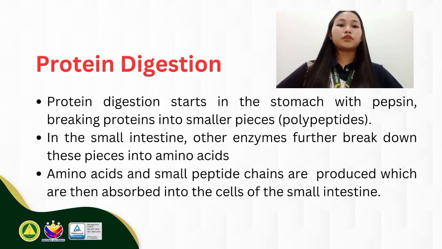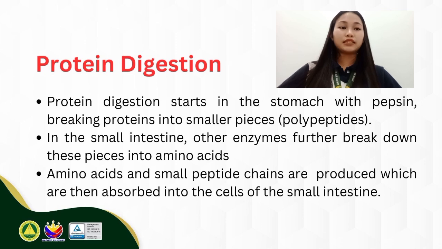Moving on from carbohydrate digestion, pag-usapan natin ang protein digestion. Protein digestion starts in the stomach with pepsin that breaks down protein into smaller pieces or polypeptides. In the small intestine, the enzymes like trypsin, chymotrypsin, and carboxypeptidases further break down these pieces into amino acids.